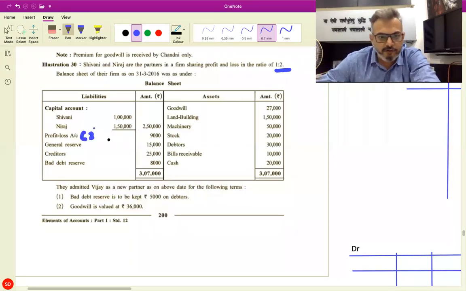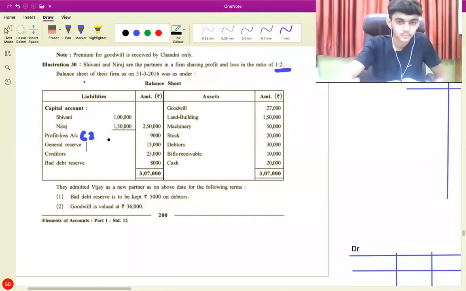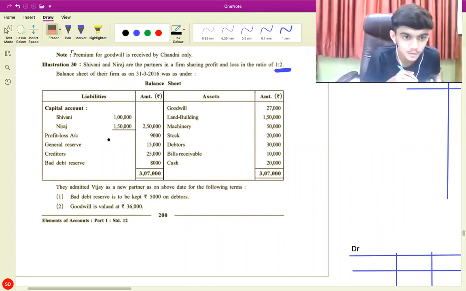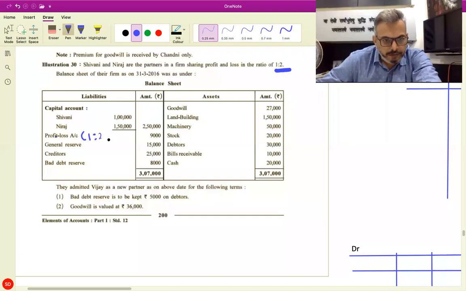right, in the bracket 1 is to 2. Take general reserve, again in the bracket 1 is to 2.